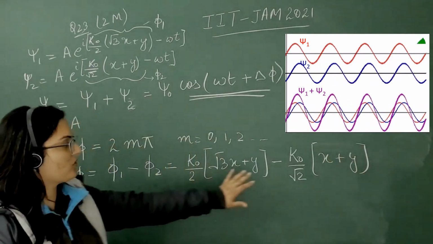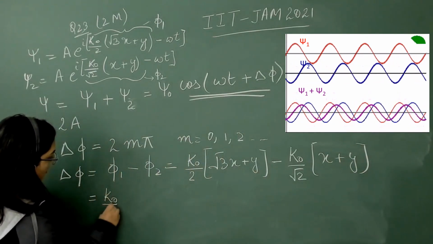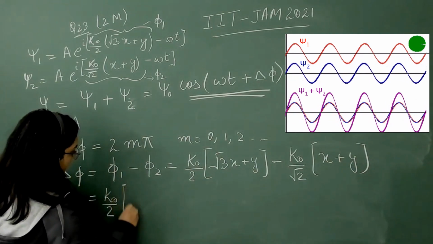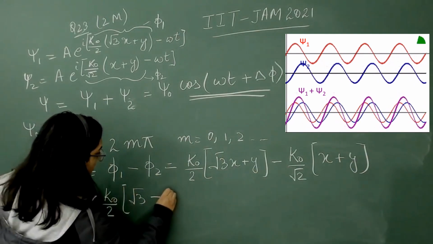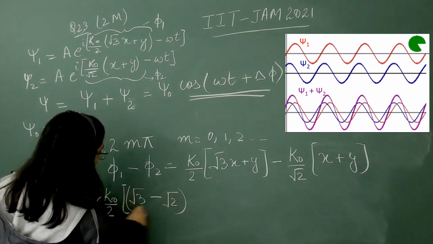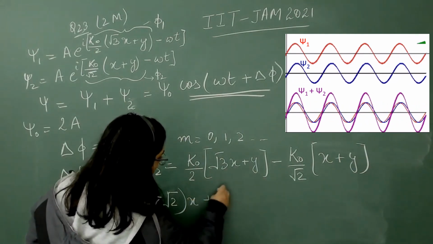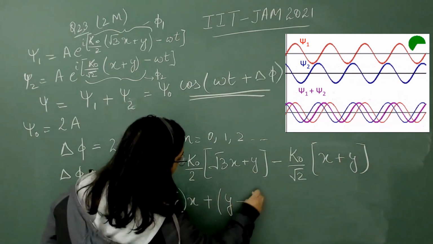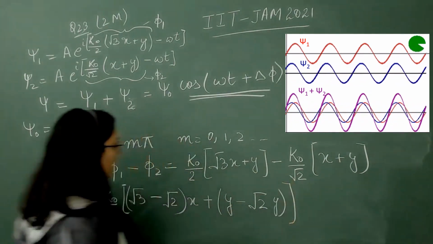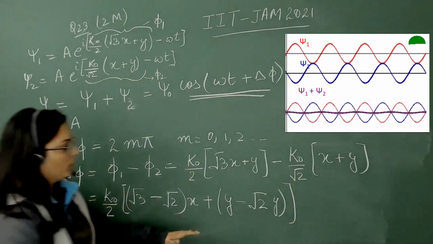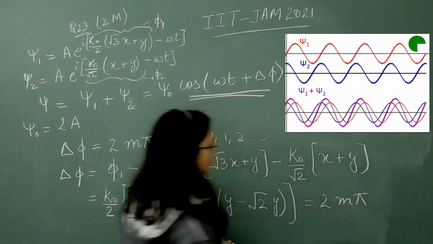Now we just have to subtract it, which will be equal to k naught by 2 into [(root 3 minus root 2) x plus y minus root 2 y], and this is equal to 2m pi.